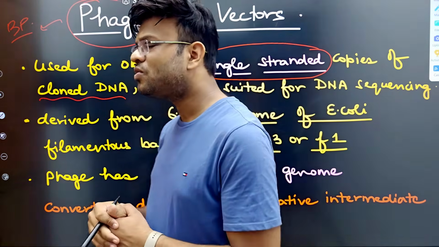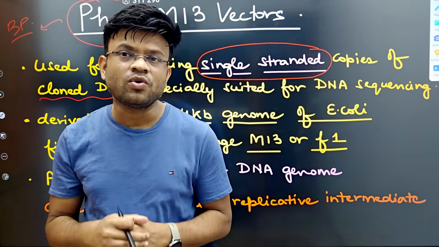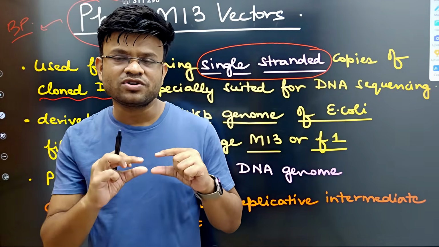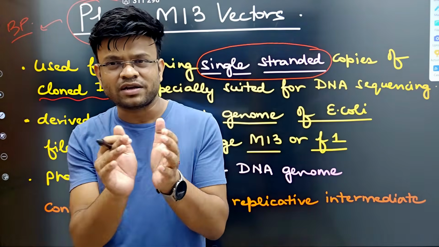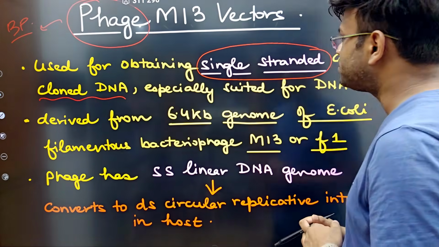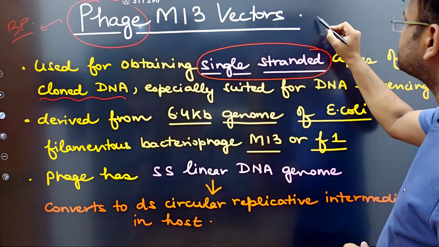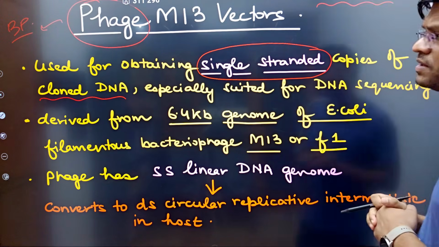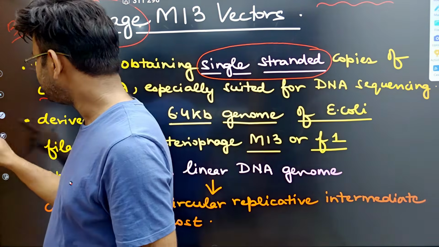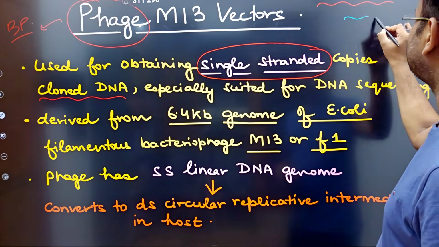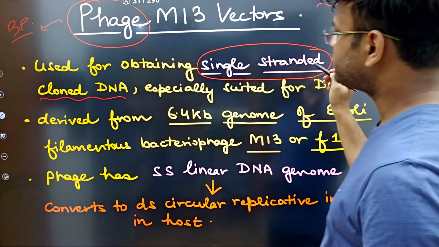Now when I mention cloned DNA, what do you understand by cloned DNA? Cloned DNA simply means that when you insert your gene of interest inside a particular vector, that is called a clone. For example, let me draw it here for you. Suppose this is the vector DNA, and now I add my gene of interest, shown in blue.